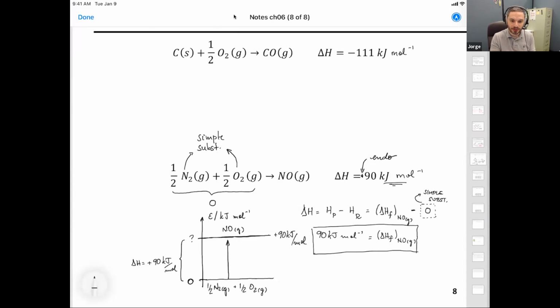Start drawing the energy diagram, see if the reaction is moving up or down. Mark the delta H, write the delta H formula, and then from there you can extract the delta H of formation for the compound that's being formed.